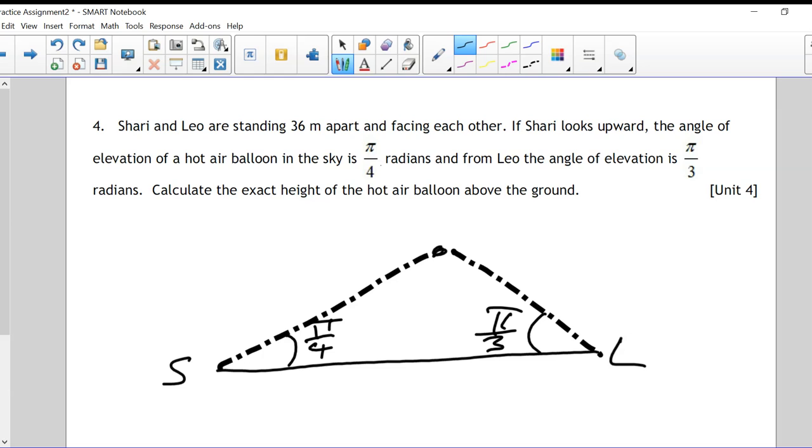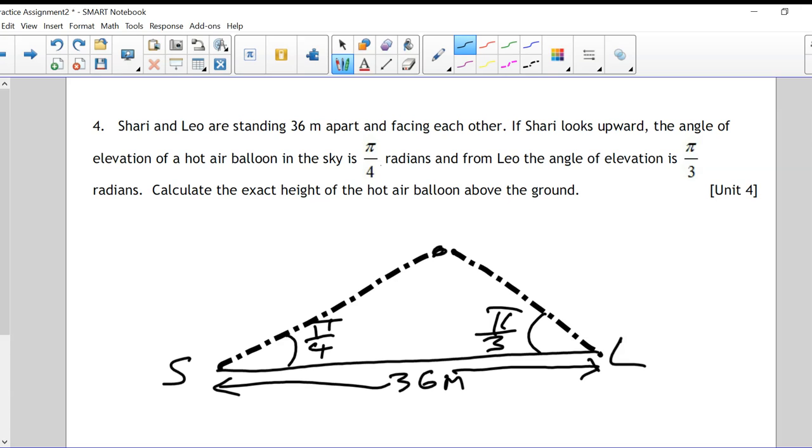This is just a scalene triangle, meaning all the angles are different. The only other thing that we know is that they're standing 36 meters apart. So this distance from one end to the other is 36 meters.